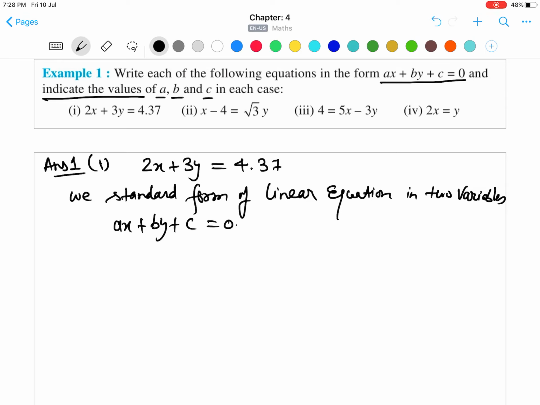Okay, so first what we're gonna do is we'll convert this equation into the standard form.